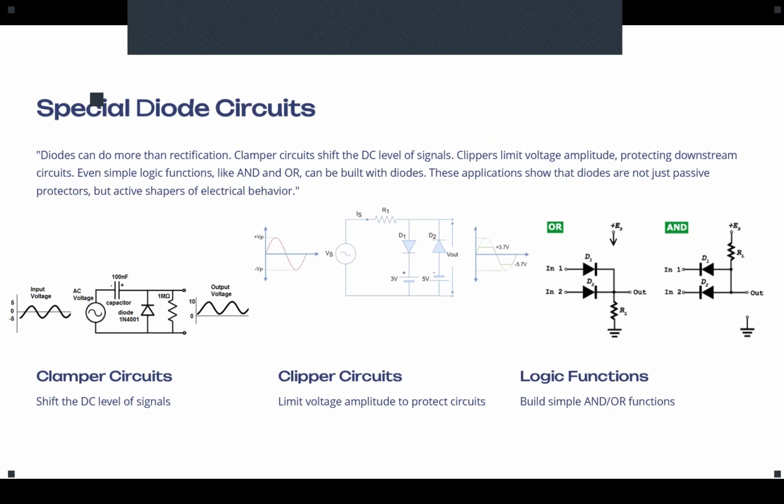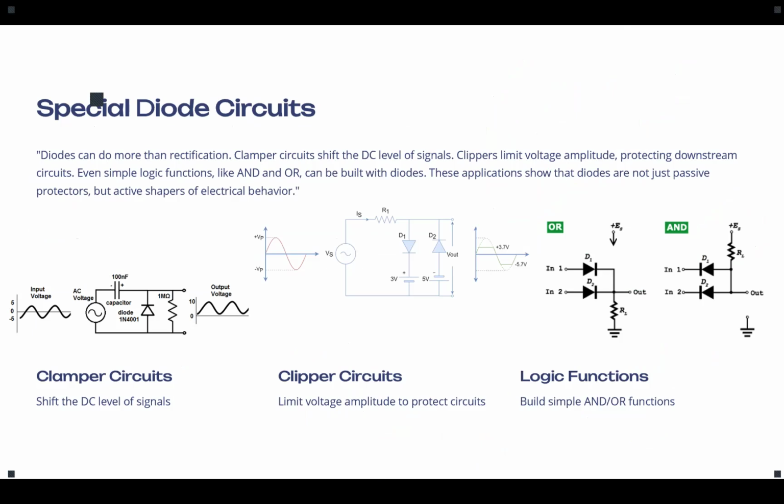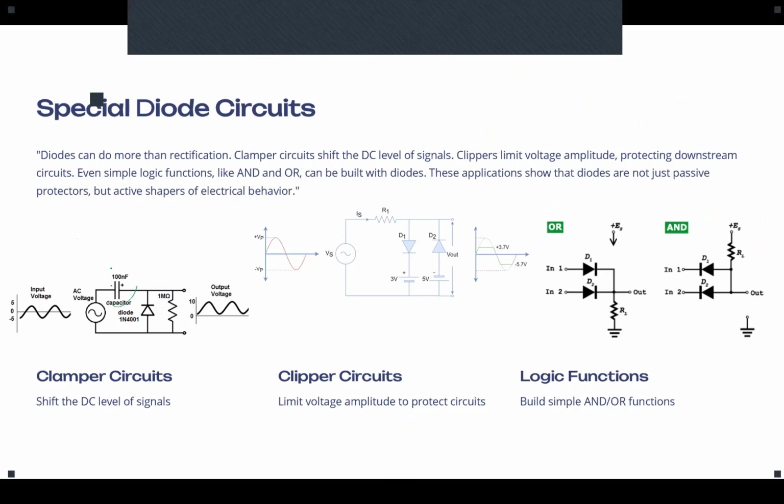Now, we said we have a clamper circuit and a clipper circuit. You can see if we have any offset voltage before our diode, it basically shifts the voltage for that diode. This is a clamper circuit.